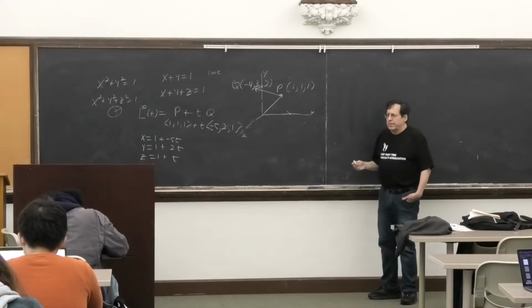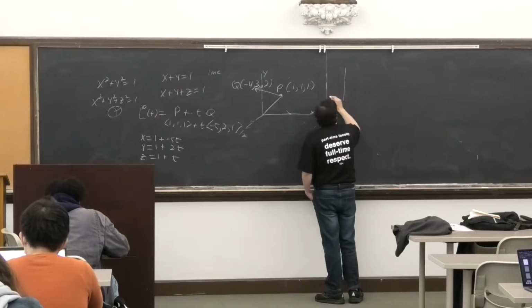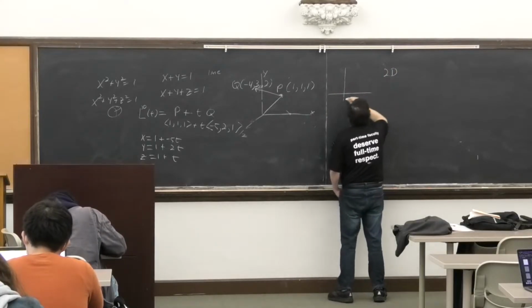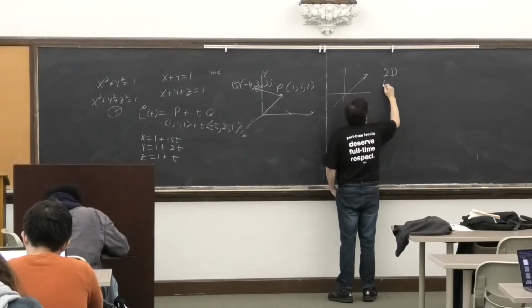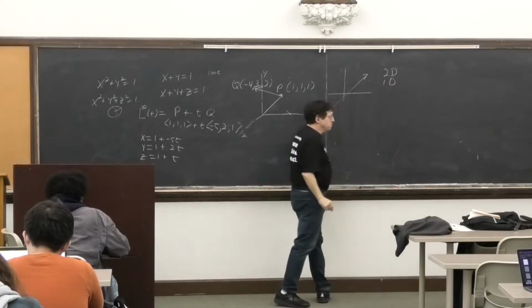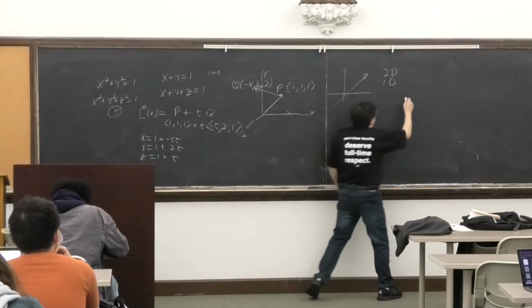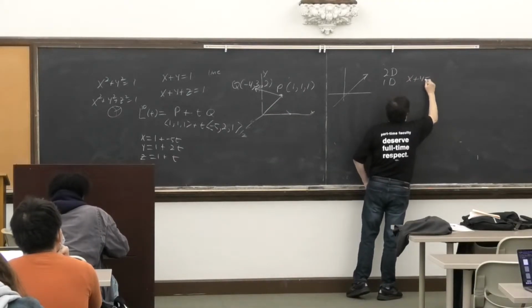It's that if you have 2 dimensions, a line is 1 dimension. It's 1 less. That's x plus y equals 1.